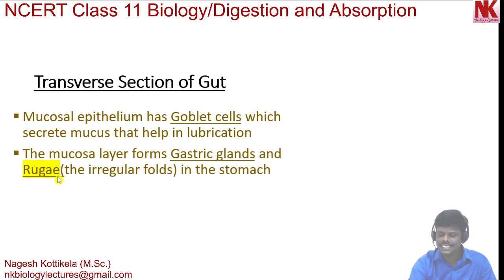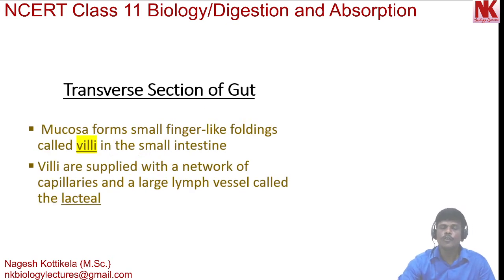Now let's see here few more modifications. Mucosa forms small finger-like foldings called villi in the small intestine. These villi are supplied with a network of capillaries and a large lymph vessel called the lacteal.